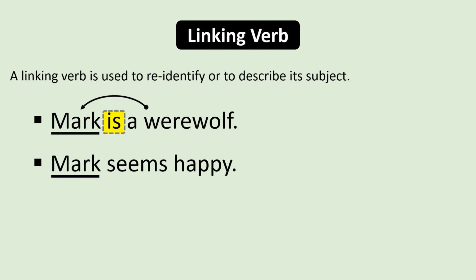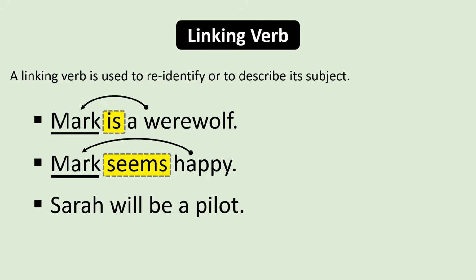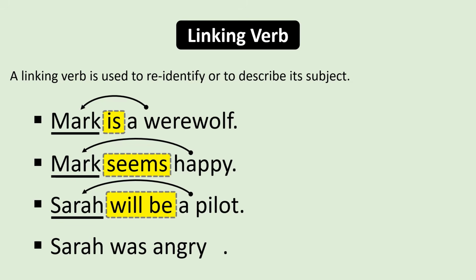This time the linking verb is seems. And the linking verb is used to help us describe the subject. Here's another. Sarah will be a pilot. Sarah is the subject, will be is the linking verb, and it is used to re-identify Sarah. Sarah was angry. Well, the same subject. Here is our linking verb, and it is used to describe the subject, to describe Sarah.